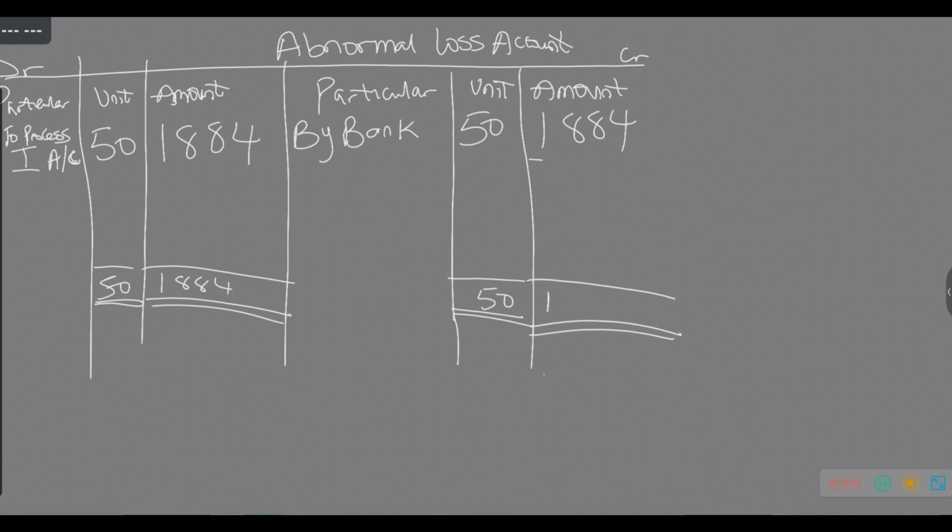Then on the question, they say we should also create the normal loss account. So we have the normal loss account. This is also on the credit side of the process account, so it's going to be on the debit side of the normal loss account.